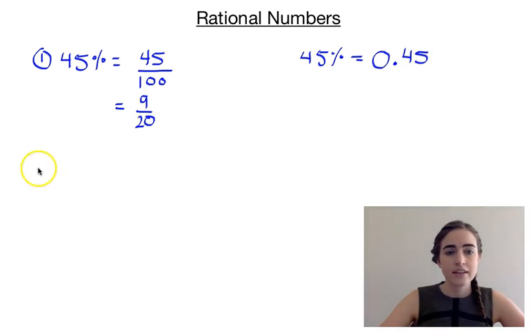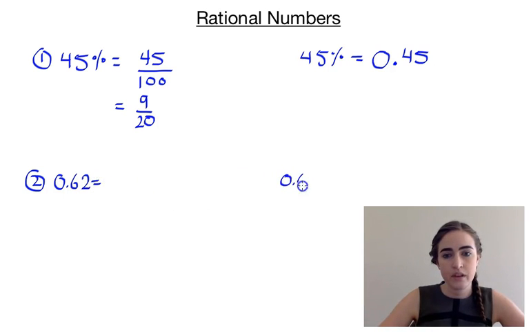Let's have a look then at starting with the decimal and converting it to a percentage and a fraction. So let's have 0.62. If we convert it to a fraction first, we need to get all of our digits in front of the decimal place. So we want to end up with a 62. But to do that, we would have had to move the decimal place 2 places, which is equivalent to multiplying by 100.